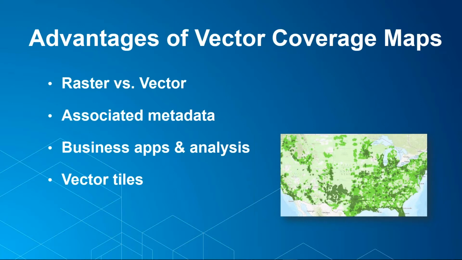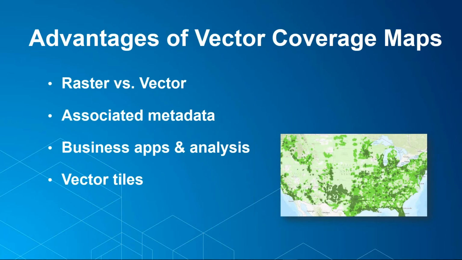So the difference between that and vector data, well, vector data consists of points, lines, or polygon features with vertices that make up a larger area or make up the shape of that particular coverage area.